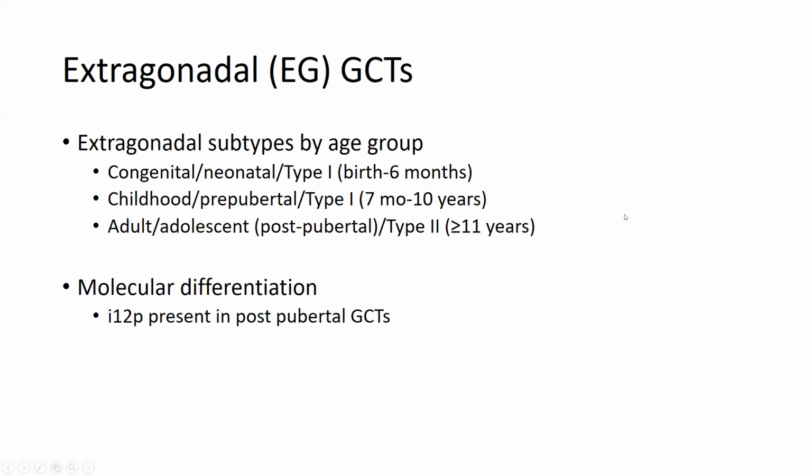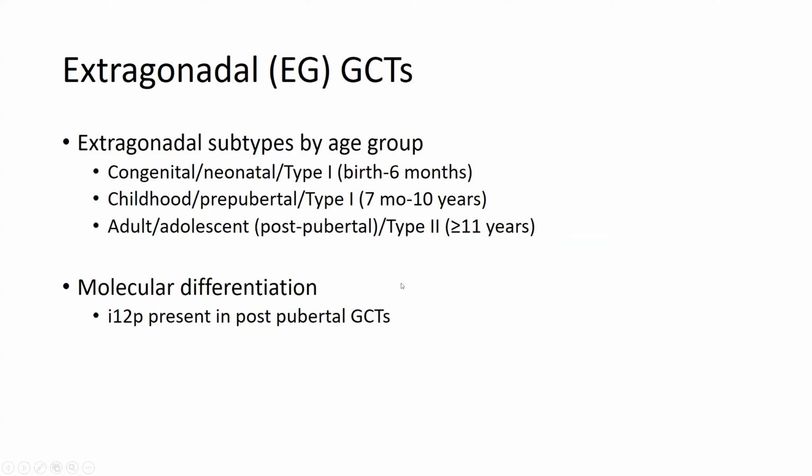And this cutoff of 10 to 11 years was established by a study, I think back in 1990, just because that's the best time to have as a cutoff, because these adult type postpubertal tumors much more frequently occur in children at or over 11 years of age. Although you can see prepubertal type lesions in patients that are adults and postpubertal type lesions in infants and children. This is just somewhat of a cutoff to kind of fit things into a box, as it were.